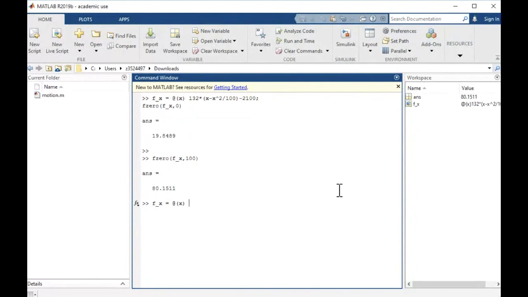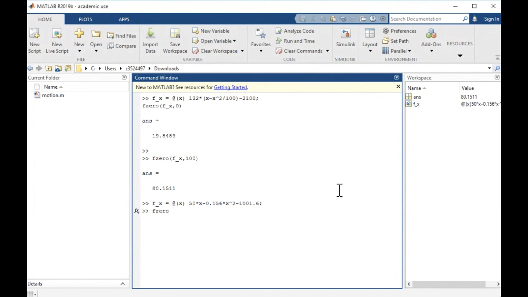So it would be 50x minus 156 x power 2 minus 1001.6. So that's my function.